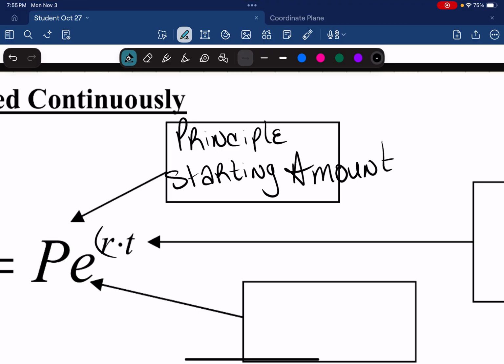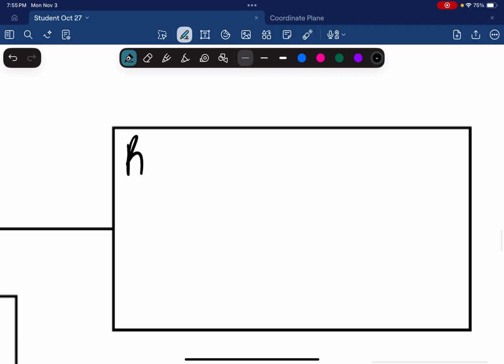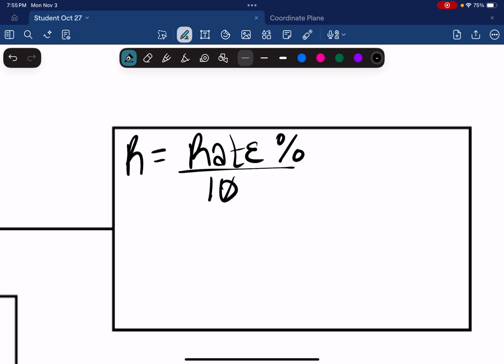R and T go together because R is still rate, which we divide by 100, and rate is going to be usually mentioned to you as a percentage. So that's why we divide it by 100. And we're going to be multiplying that by T, which is time.